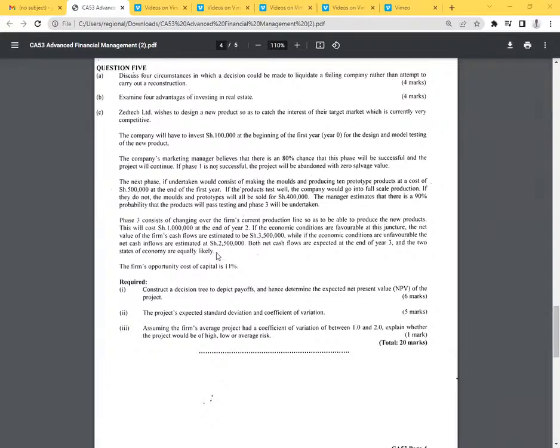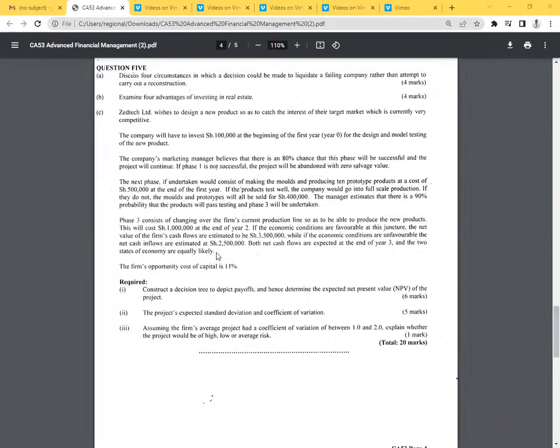Question number 5C, TJ Limited wishes to design a new product so as to catch the interest of their target market, which is currently very competitive. The company will have to invest 100,000 at the beginning of the first year, which is year 0, for the design and model testing of the new product. The company's marketing manager believes that there is an 80% chance that this phase will be successful and the project will continue.